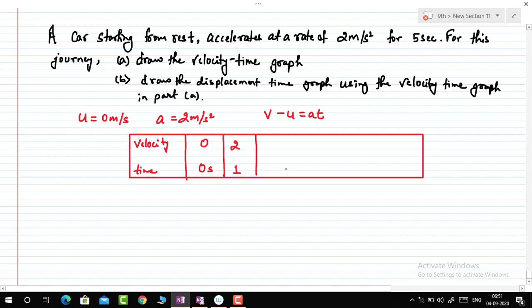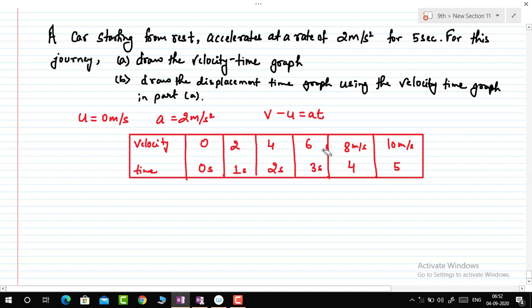For time equals 2 second, velocity will be 2 multiplied by 2, that is 4 meter per second. Similarly, for time equals 3 second, velocity will be 3 2s are 6. And for time equals 4 second, velocity is 8 meter per second. And for time equals 5, velocity will be 5 2s are 10 meter per second.